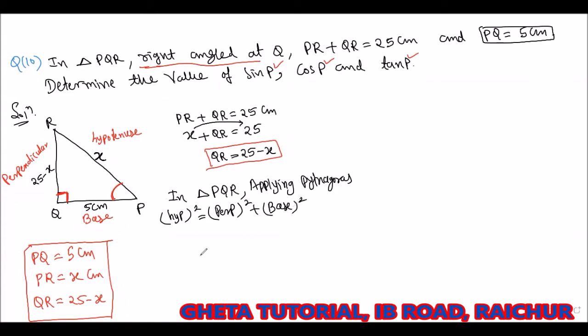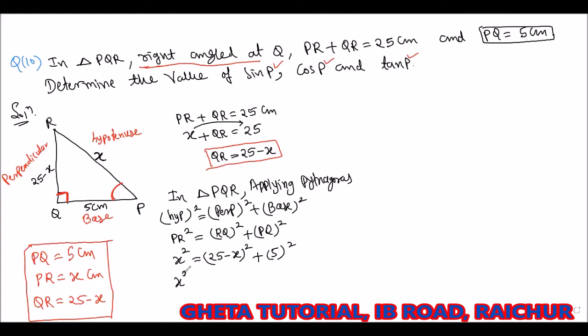So PR square is equal to RQ square plus PQ square. PR is X square, RQ is 25 minus X whole square, plus PQ, which is 5 square.